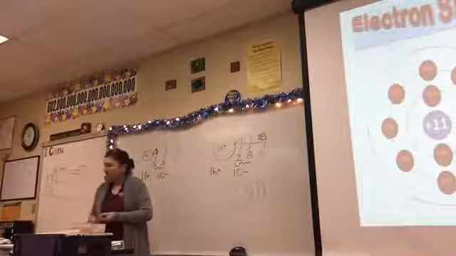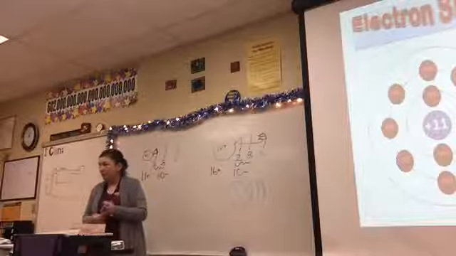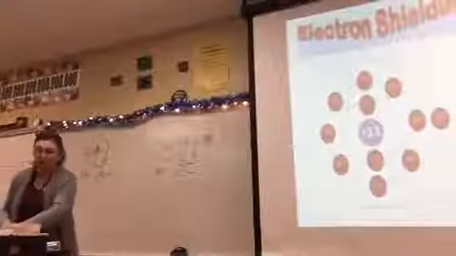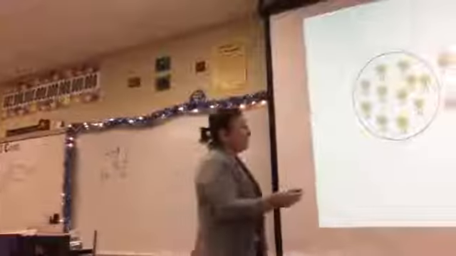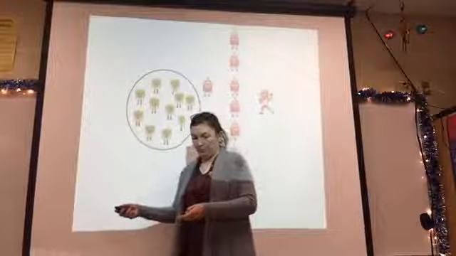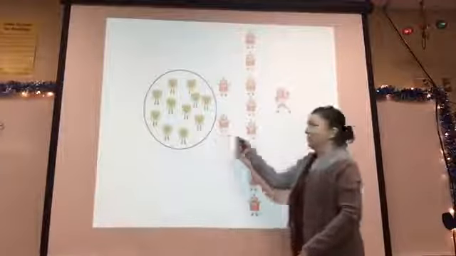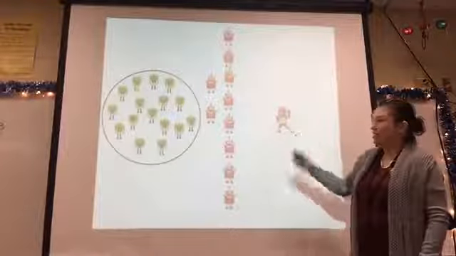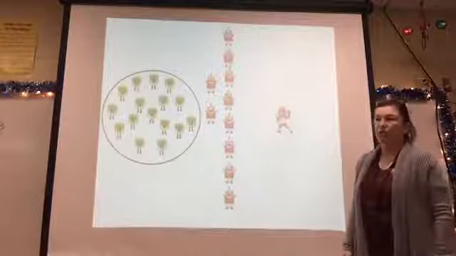Does that make sense? Yes or no? Okay, good. So they're called shielding electrons. And this was my first attempt at trying to show the offense and defense or something like that. And then there's sulfur. I think mine on the board's a little better actually now.